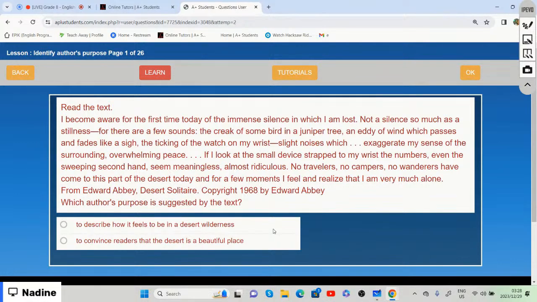So which author's purpose is suggested by this text? Is it to describe how it feels to be in a desert wilderness, or to convince readers that the desert is a beautiful place?